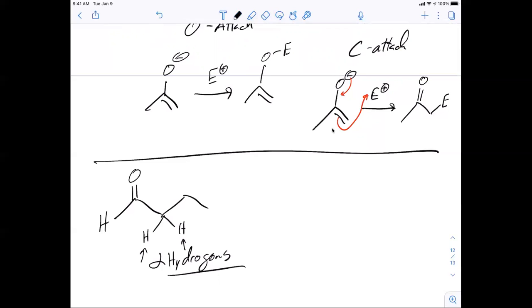The reason that these are more acidic is that I can form the enolate or the resonance contributor. So instead of being an isolated carbon negative, it's delocalized to the oxygen.